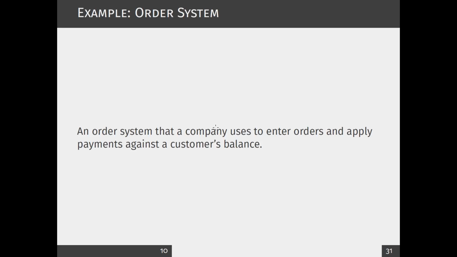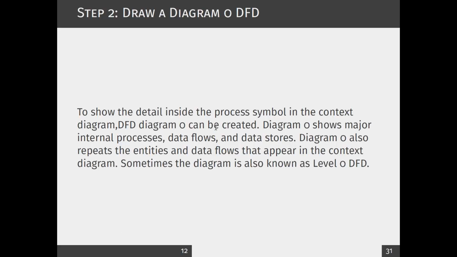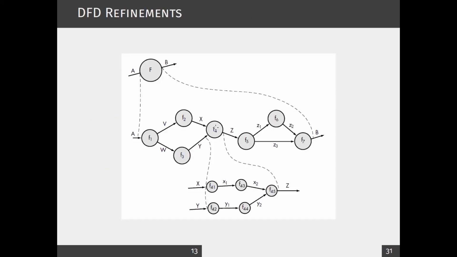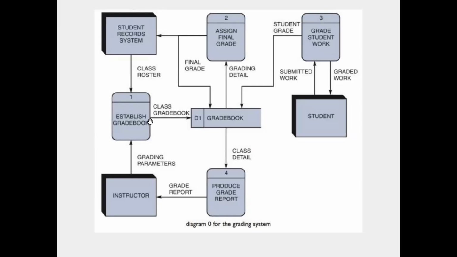And then when you go down, we discussed level 1, where we can go into detail. For example, going from grading system 0, we break it into sub-processes 1, 2, 3, and 4. There we will have processes, external entities, and data stores, because we didn't have data stores in the context diagram.